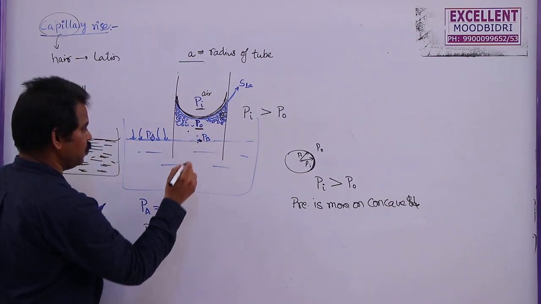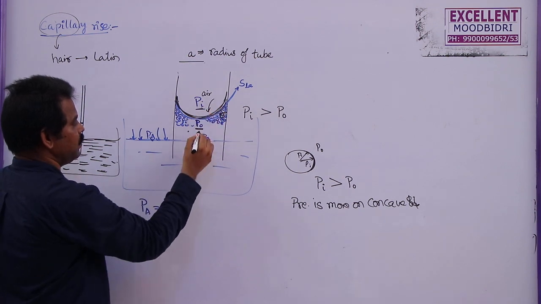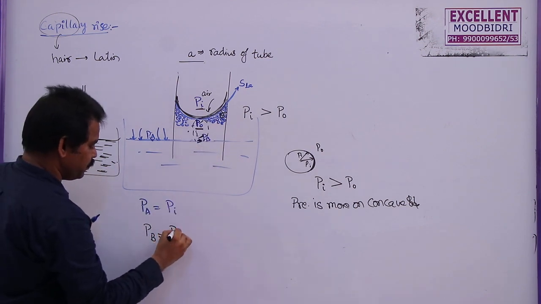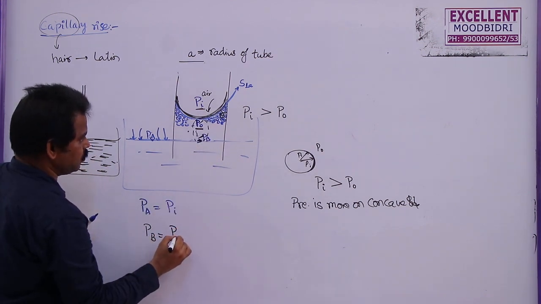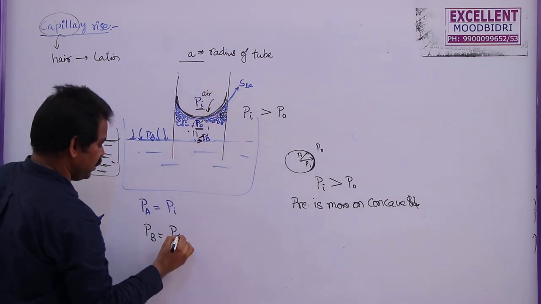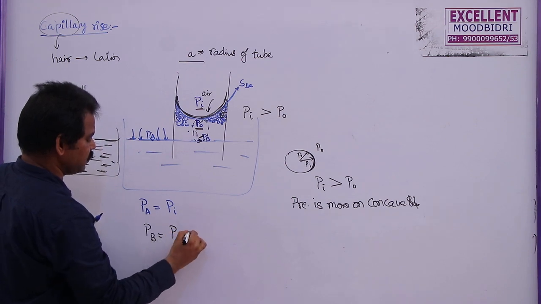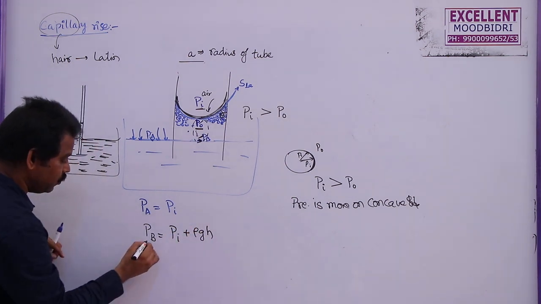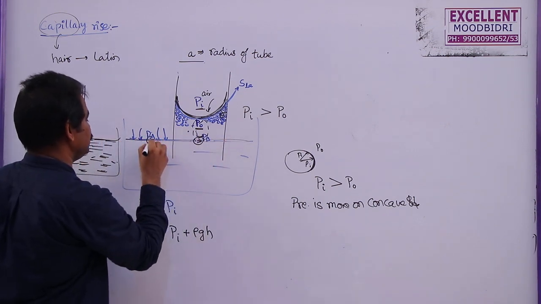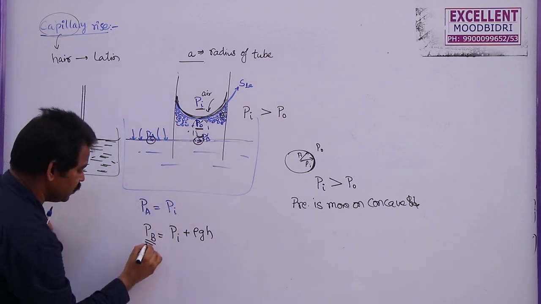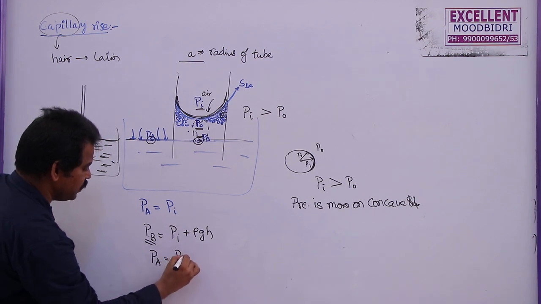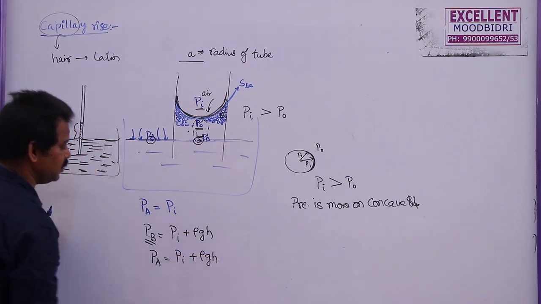PB is equal to the pressure due to air, that is PI, plus rho g h, the pressure due to this liquid column. According to Pascal's law, at the same level pressure must be the same. So PA is equal to PB. So PA is equal to PI plus rho g h.